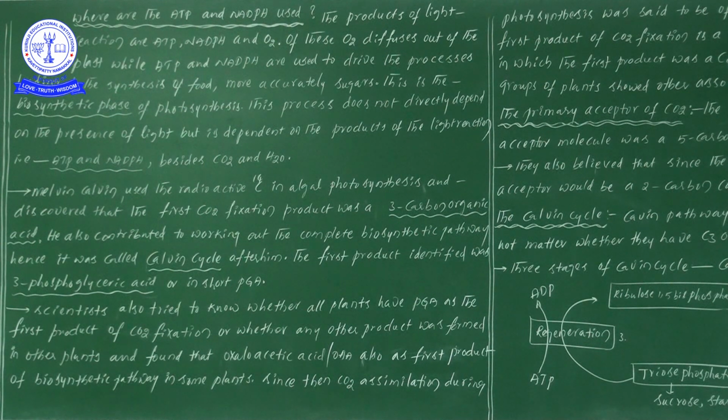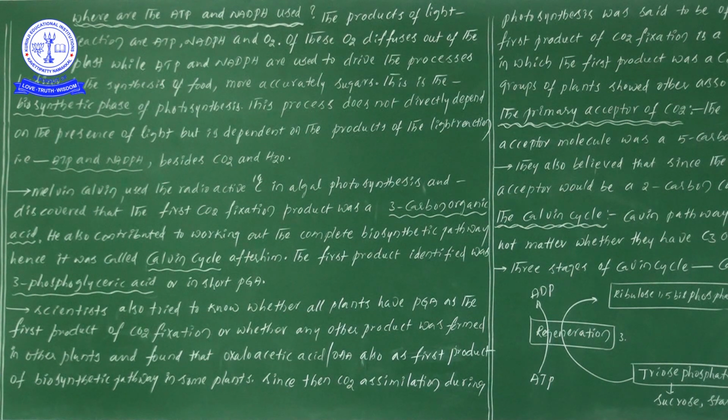It is not depending on the light, but it is depending on the products of light reaction. This is an important statement. The dark reaction or biosynthetic process is not depending on the light, but depending on the products of light reaction.